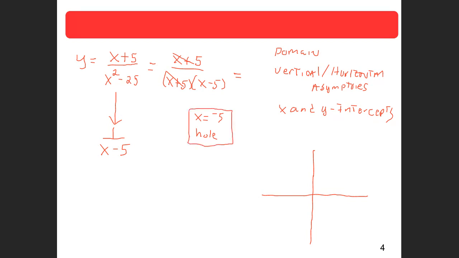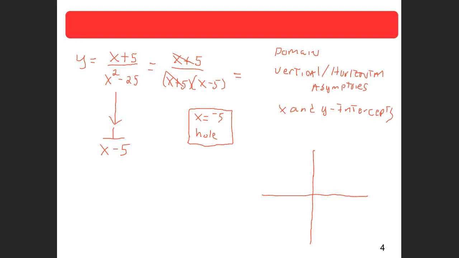But that's what happens if you have a factor that crosses out on top and bottom: whatever makes that factor equal to 0, there's a hole in the graph. At x equals -5, there will be a hole in that graph.